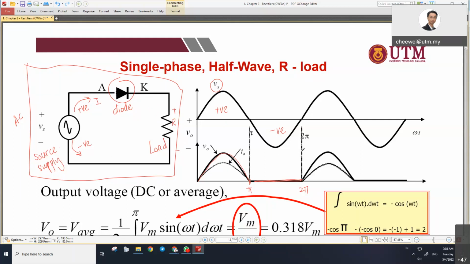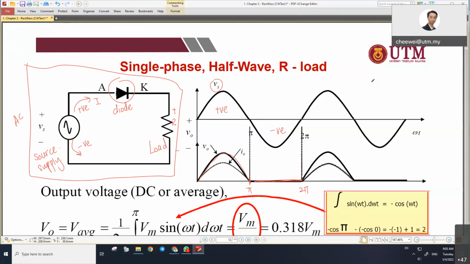Is it okay? Then the process repeats. This is another cycle already. When it comes back to the positive half cycle, the diode will be closed because it's forward bias. So current is flowing, and you have the voltage across the resistor.